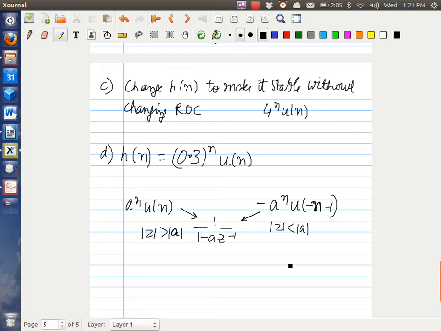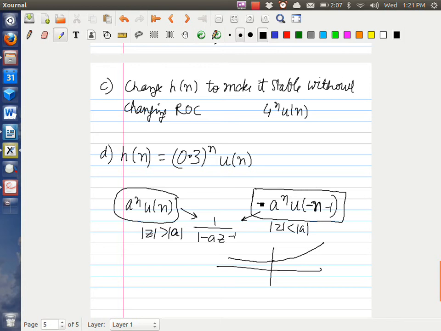And for exponential sequences like this, if they're tending to be unstable in one direction, they will be stable in the other. So if you're given the causal version which is unstable, you can simply write the anti-causal version here, which will automatically be stable, and it will also have the same z transform, H of z. If you're given this guy and this is unstable, then you just write the causal version of it.